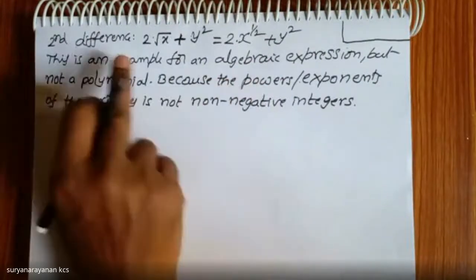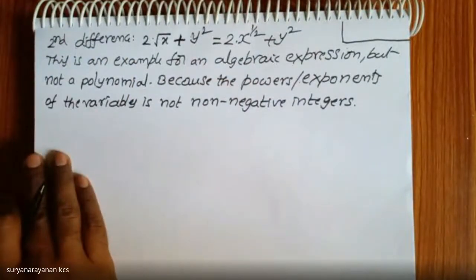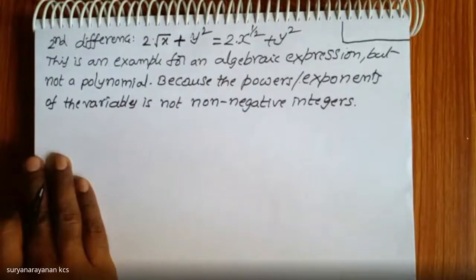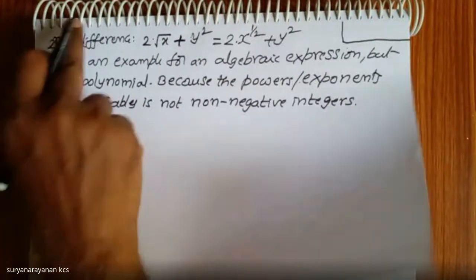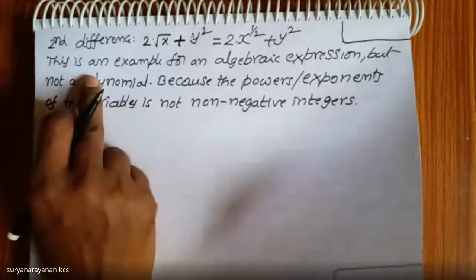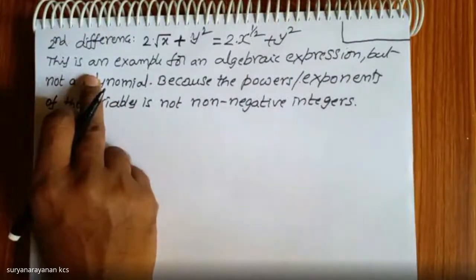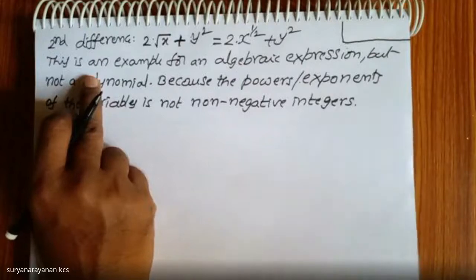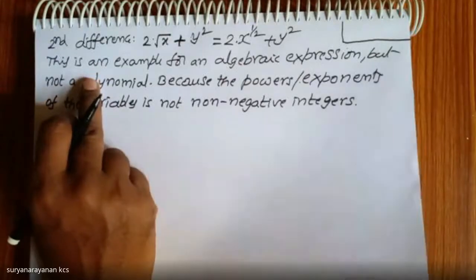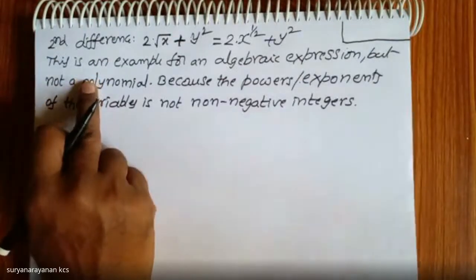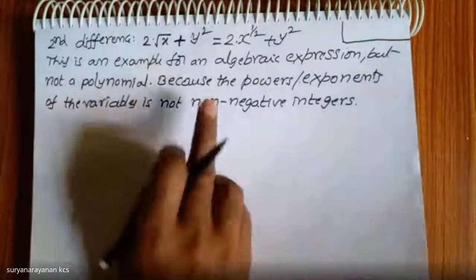This is another difference between an algebraic expression and a polynomial. Please keep these 2 points in your mind, my dear children, while you are comparing an algebraic expression and a polynomial. They will give you in the exam some mathematical sentences.